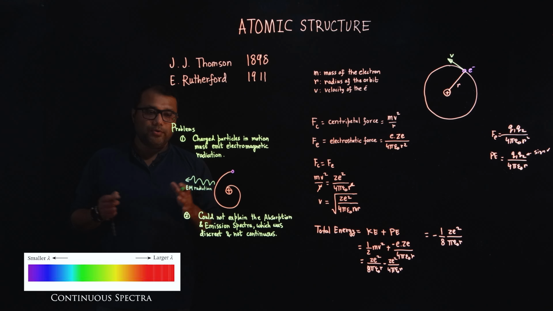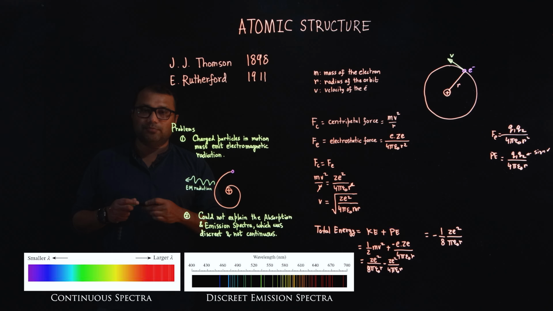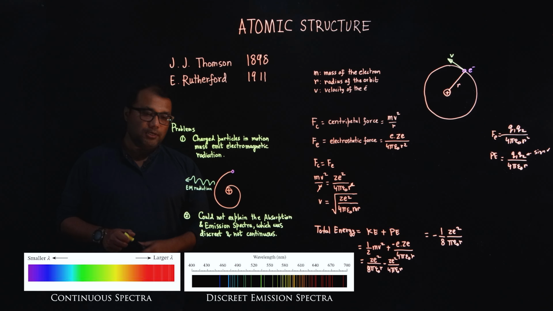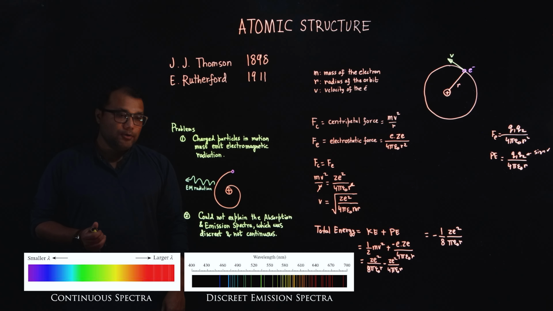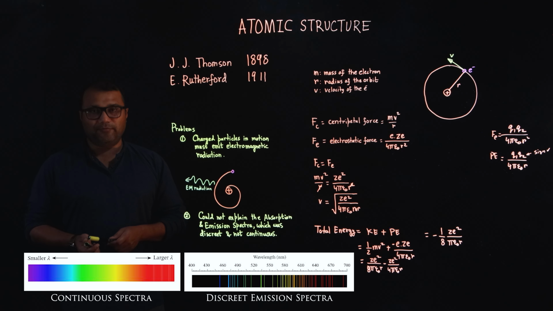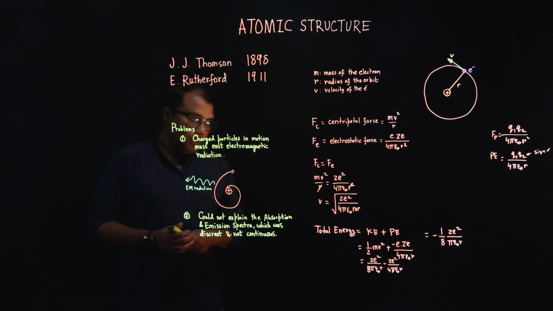There is no reason why it should be discrete, which means only a few wavelengths are emitted whereas some other wavelengths are missed out. In reality, when we look at the emission or absorption spectra of a particular element, we see that there are discrete lines. It is not continuous. So this model failed to explain that phenomenon.